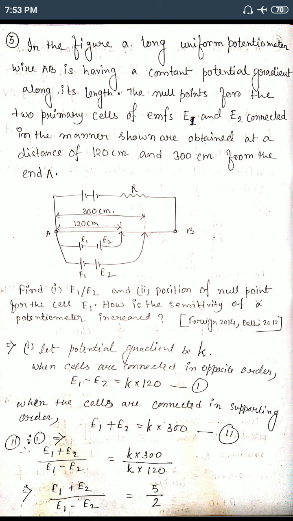So the potential gradient will be constant, so we consider the potential gradient to be K. Now for the first combination, where they are connected in opposite order, the EMF will be reduced. So we can write E1 minus E2 equals K into 120, because from the definition, K equals EMF by length L of the wire where we get the null point.